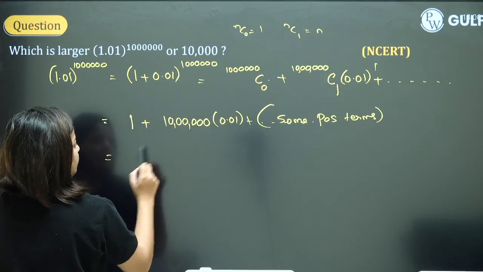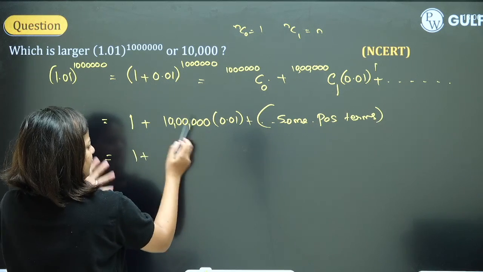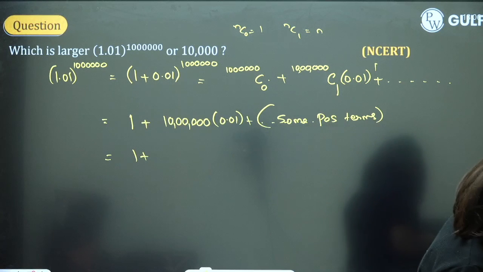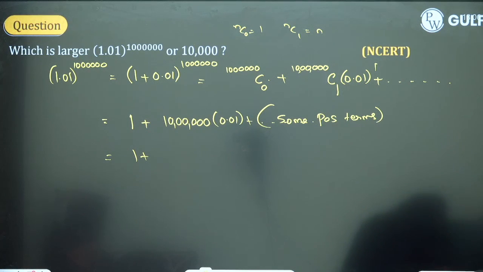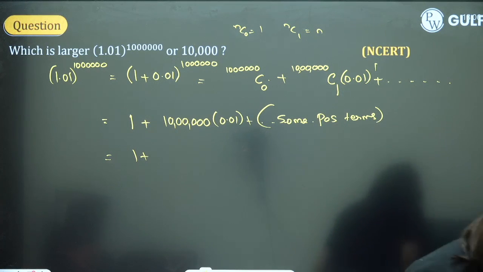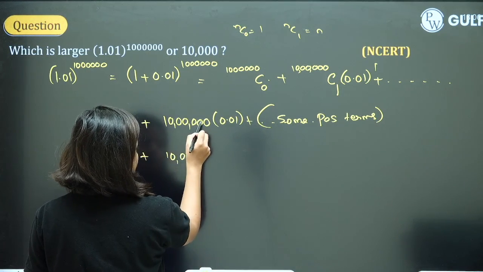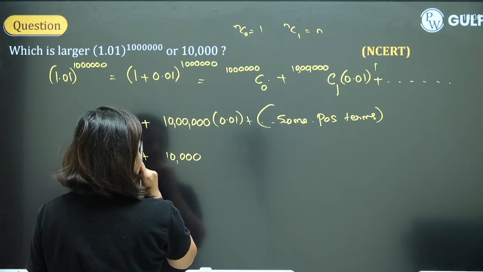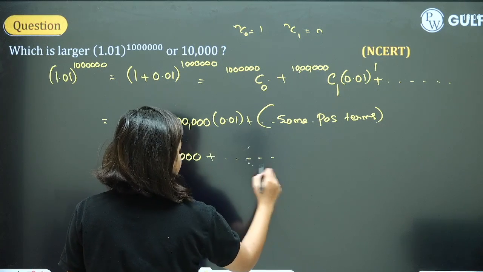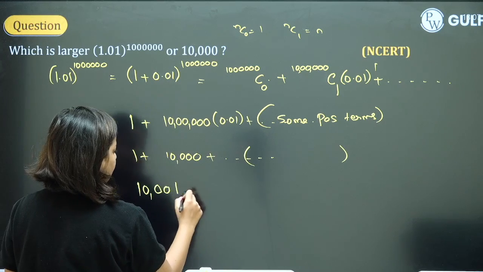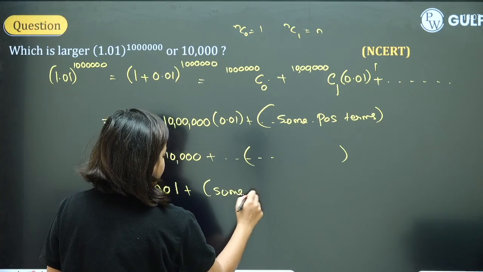This is 1 plus, shift the 2 zeros. Simply, you will shift the 2 zeros. And how much is that? 10,000. 1 plus 10,000, plus some positive terms. Now 1 plus 10,000 is 10,001 plus some positive terms.